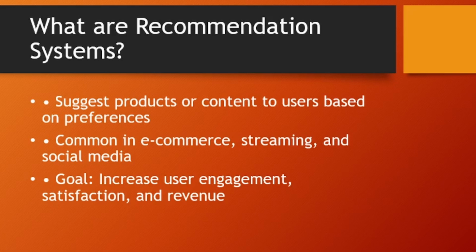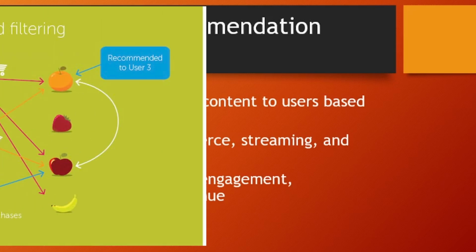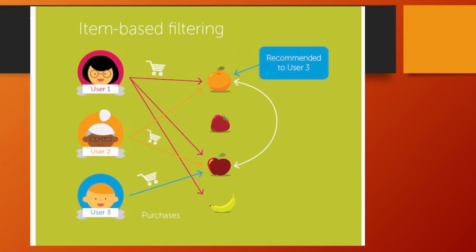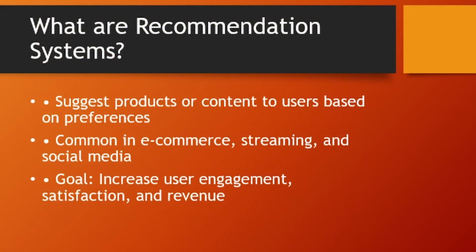The main goals are to enhance user experience by personalizing what's shown, drive more engagement, and of course, increase sales and retention. Traditionally, these systems use methods like collaborative filtering or content-based filtering. But as we'll see next, reinforcement learning adds a powerful twist.